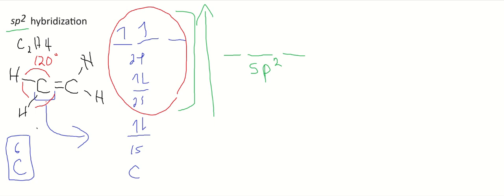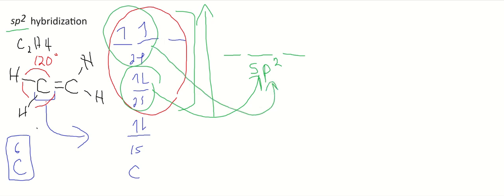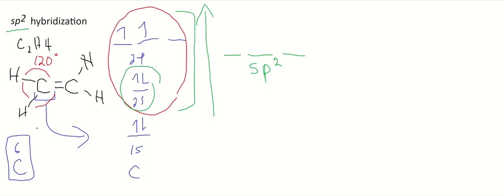So there's your 1s orbital. There's only ever one s orbital at any principal energy level. Now we're only mixing 2 of the p's, so this third p is just going to remain unchanged.